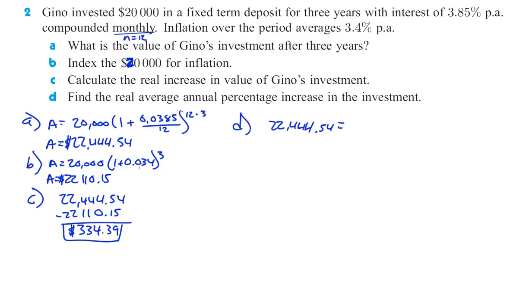And that's going to equal the indexed inflation here. So that's our 22,210.15, right? And then we're going to figure out what the actual interest rate is. So 1 plus R, and then this is for 3 years, right? So divide both sides by 22,210.15.